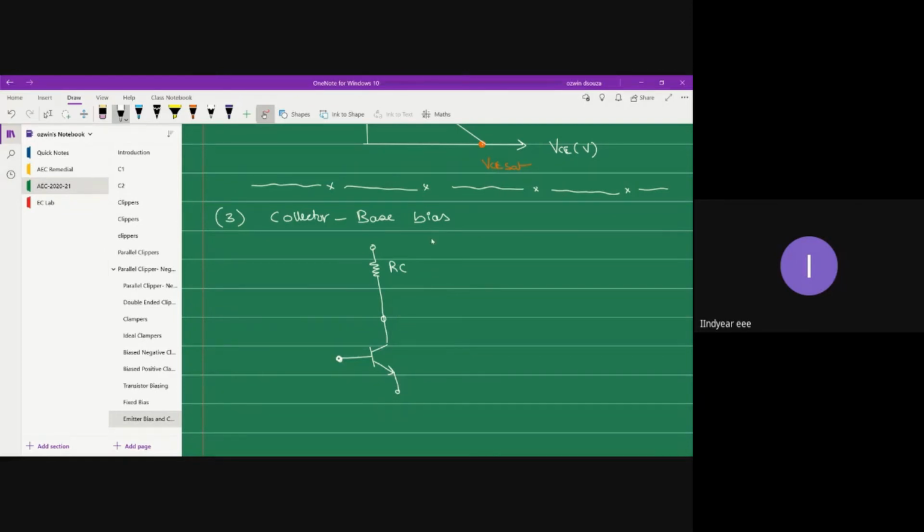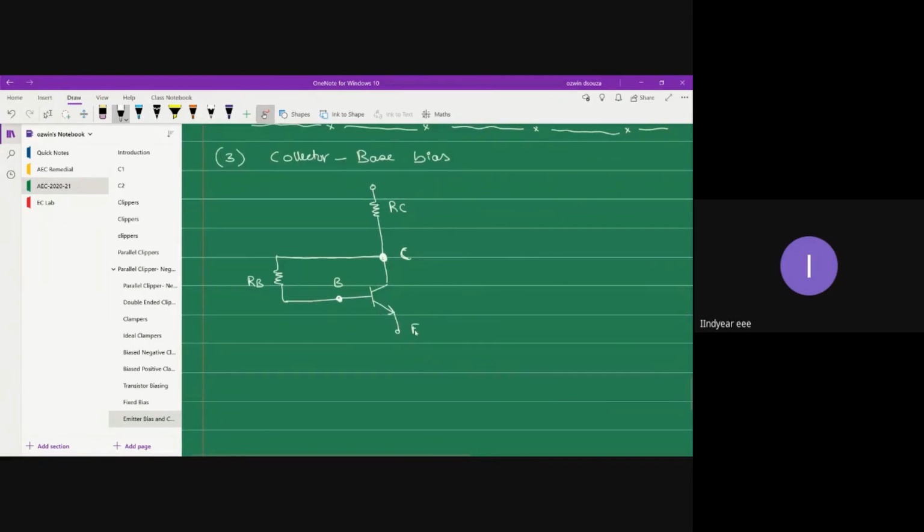In collector to base bias, this is your collector terminal and this is your base terminal. Between collector and base there is a connection, which is why it is called collector to base bias. The connection is established by placing a resistor in between. So this is your resistor RB.